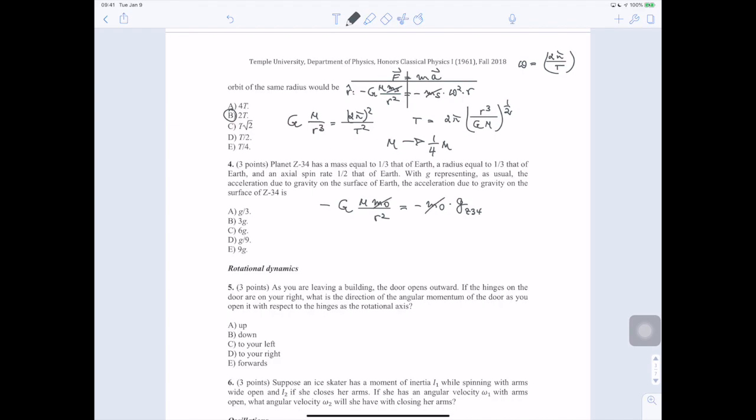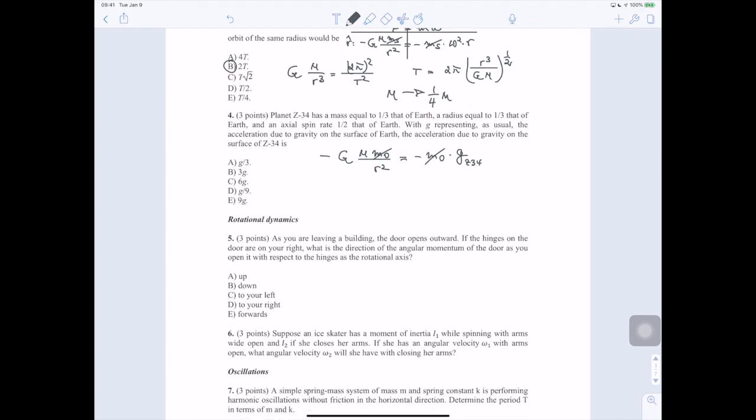The mass is independent of that, so therefore we have g34 equals capital G M divided by r squared.